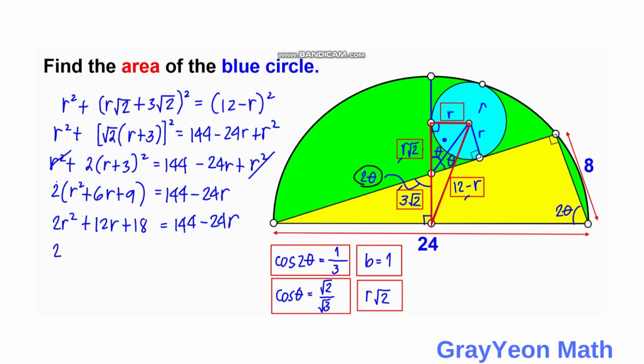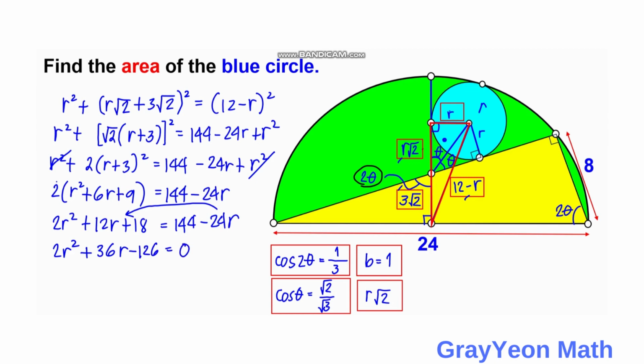So 2R squared, if we put this negative 24R to the left hand side, we have plus 36R, and this becomes 18 minus 144, which is negative 126, is equal to 0.